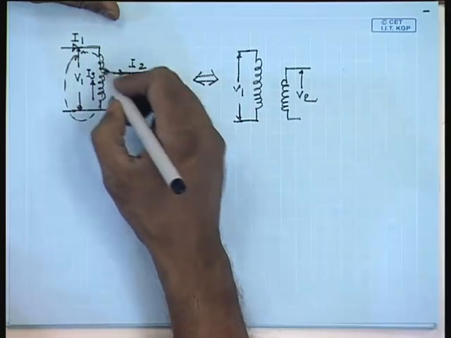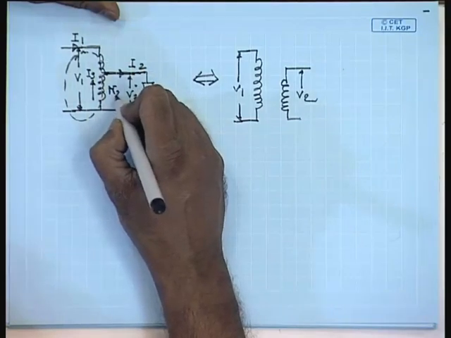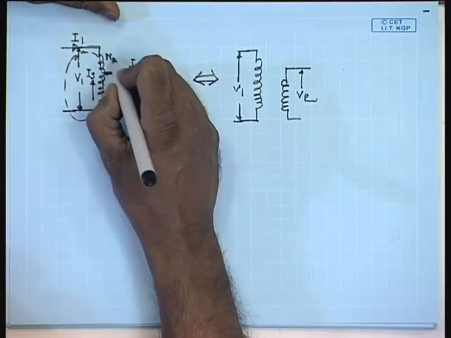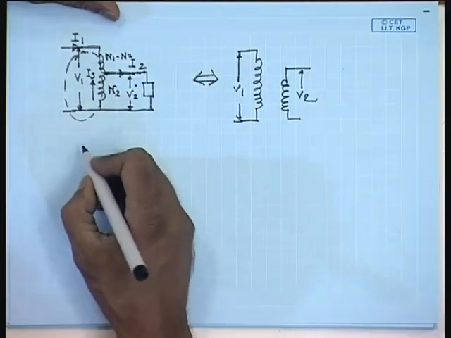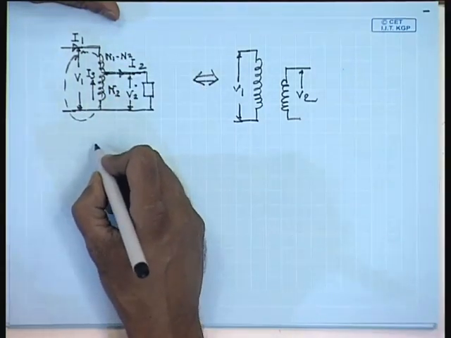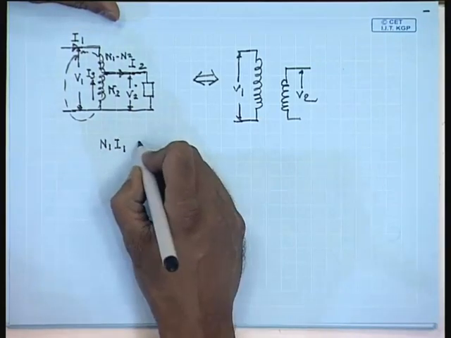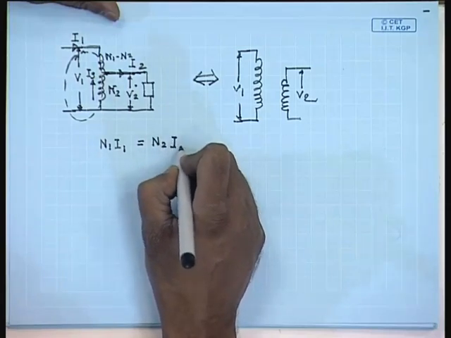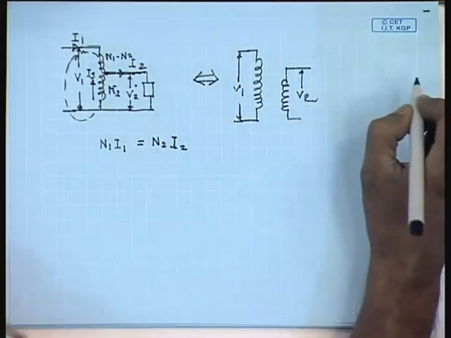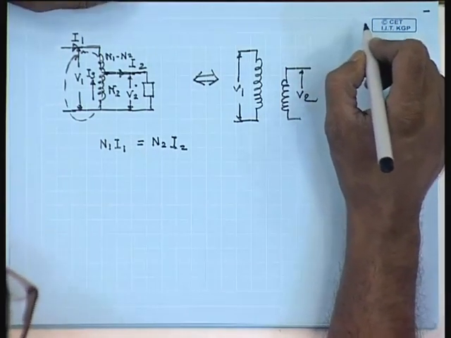Assuming negligible magnetization current, if we say the number of turns of this part is N2 and this part is N1 minus N2, then from balance of MMF we can say N1 I1 equal to N2 I2, so that the net magnetization current is 0 in an ideal transformer.